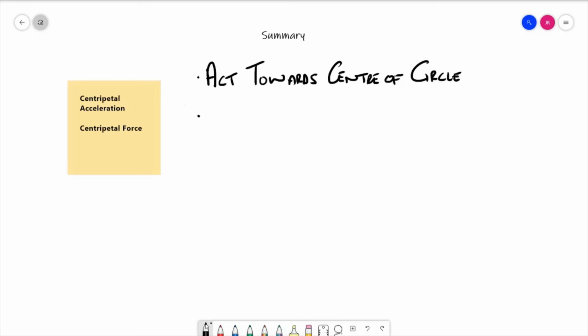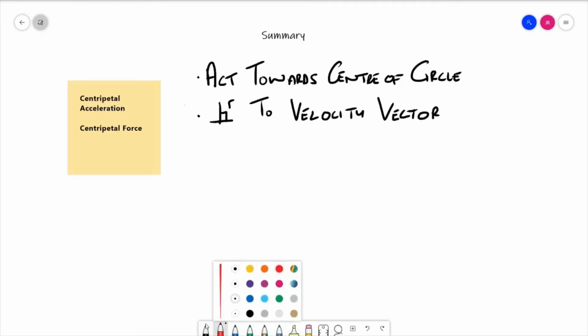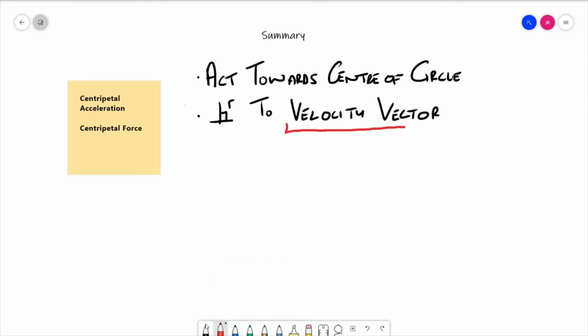Because they're both acting towards the centre of the circle, they're therefore both acting perpendicular to our velocity vector. And remember that our velocity vector is in the direction of a tangent to the circle.